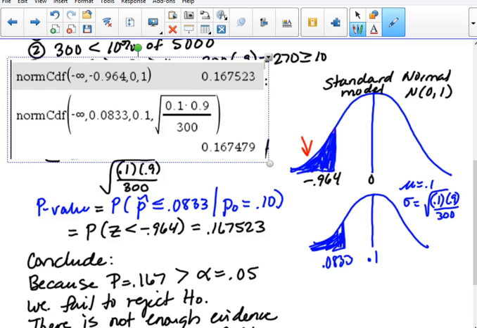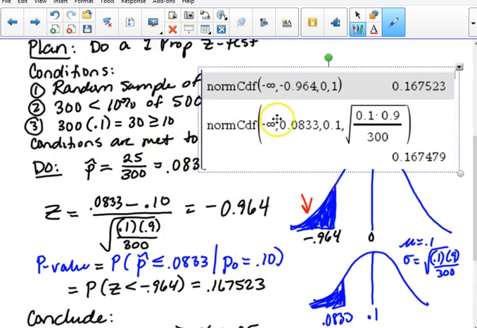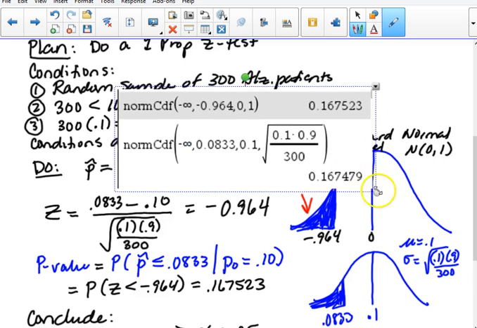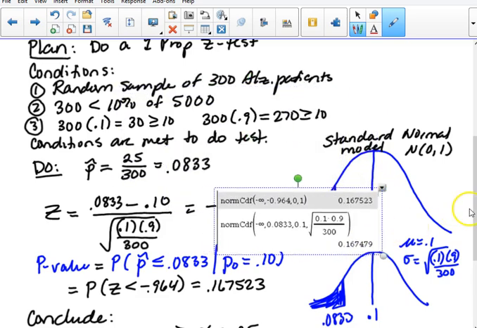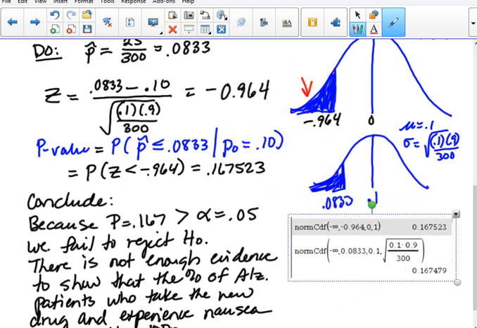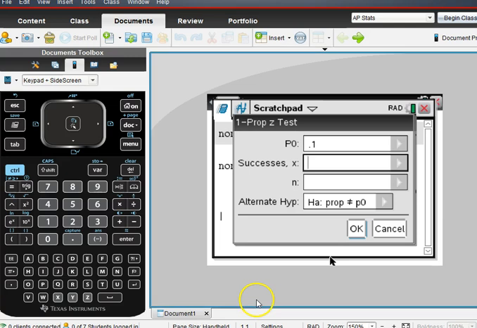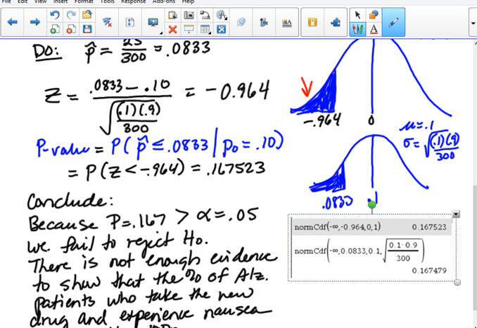So if we go back and look at this, what was our sample proportion here? It was 25 out of 300.